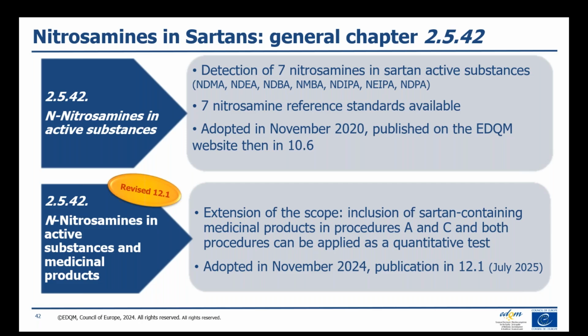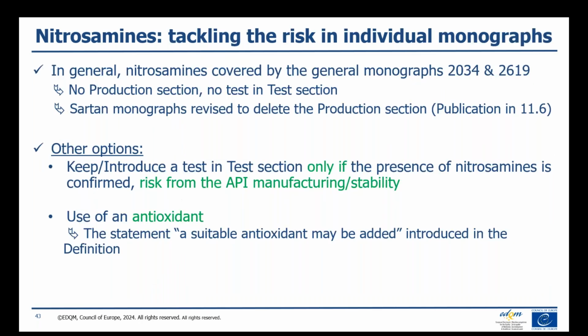So how do we now tackle the risk of the presence of nitrosamines in individual monographs? You may have noticed that we have revised the Zartor monograph several times in the last years.